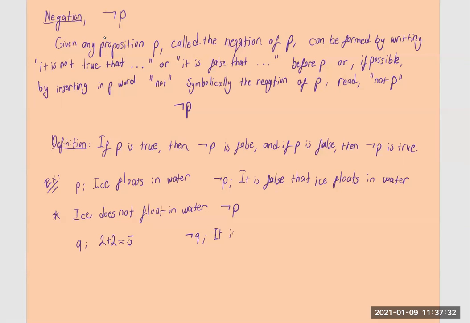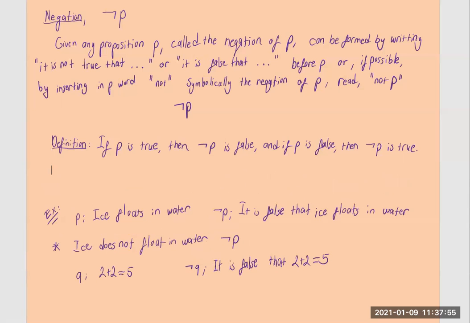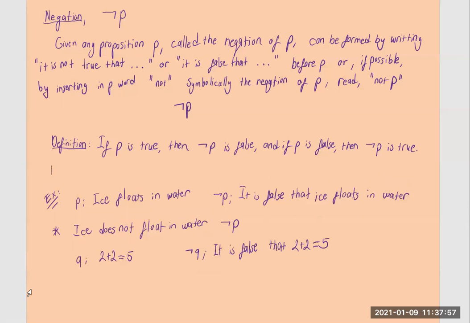It is false that 2 plus 2 is equal 5. So we know Q is false, and not Q is going to be true in that example.